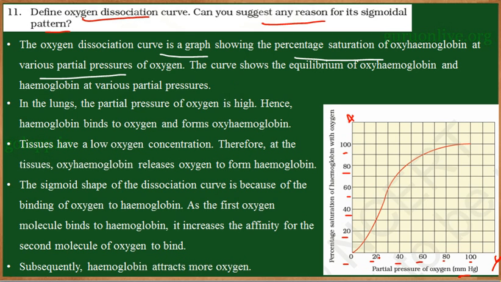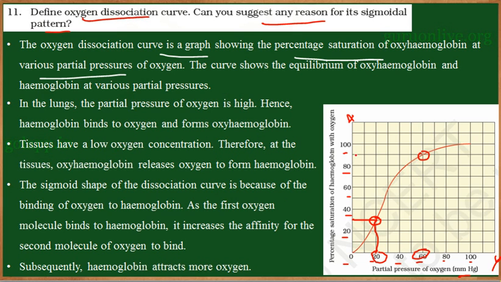Now at 20 millimeters of mercury, so at this point here, this triangle represents 20 millimeters of mercury, around 30% of hemoglobin gets saturated with oxygen. And let us consider the next one, that is 60. At 60, this is the common point where it meets.